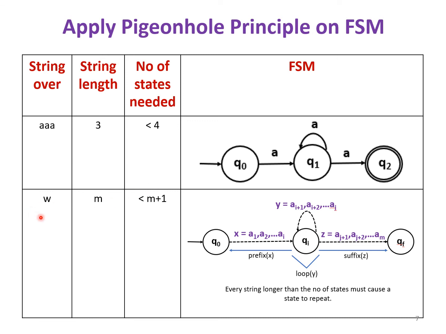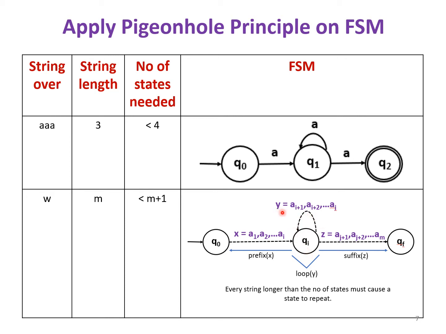Let us generalize with a statement. The string is w, the string length is m, say m number of A's, then the number of states needed is m plus 1. But if the number of states available is less than m plus 1, then part of the string will be pumped back into the same state. So we can see here a1, a2, and so on up to ai is the prefix of the string, which is x.